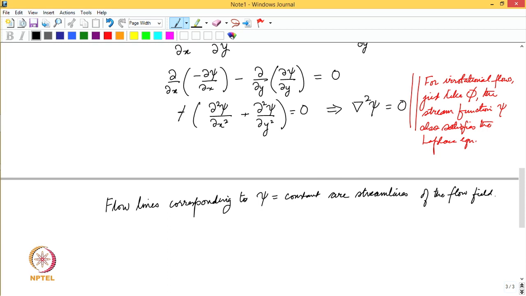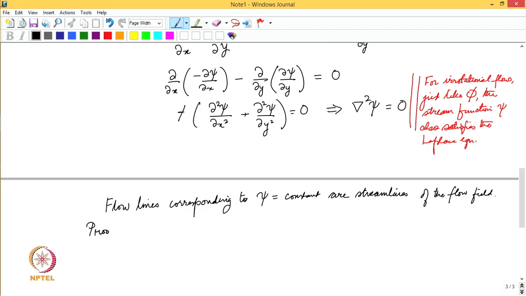So, if there is a line over which psi is constant, then that line is going to be a streamline of the flow field, and we can easily prove this by the definitions that we have come up with. We could say d psi, the total change in psi, could be written as d psi dx dx plus d psi dy dy.